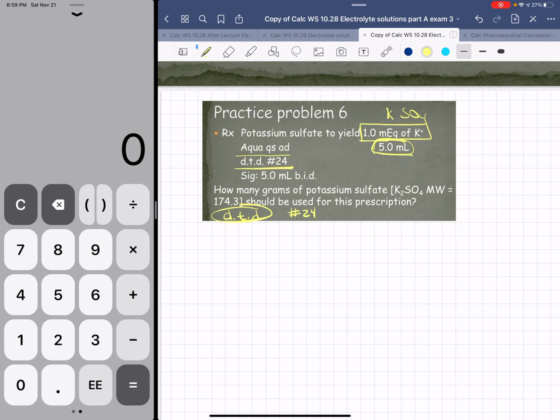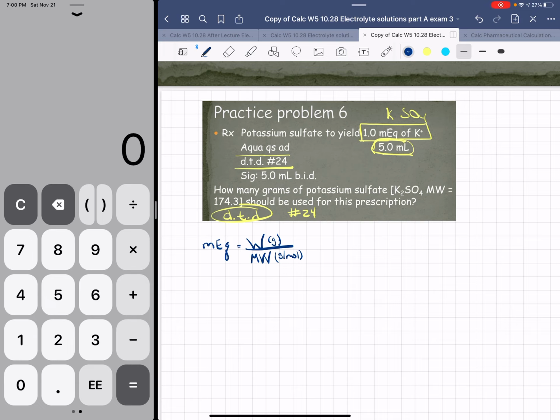Okay, so we need to find out how many milliequivalents we need altogether to make 24. And since we're dealing with milliequivalents, I'm going to go ahead and rewrite the equation. I'm going to do this every time so that I will always remember the equation in an exam. I do get lax later as I'm working on it, but especially while I'm studying for an exam, that's what I'm going to be working on.